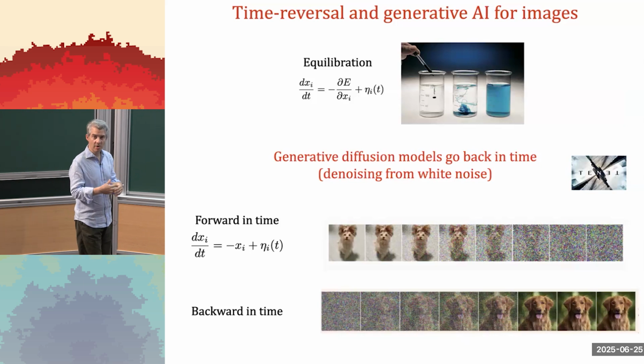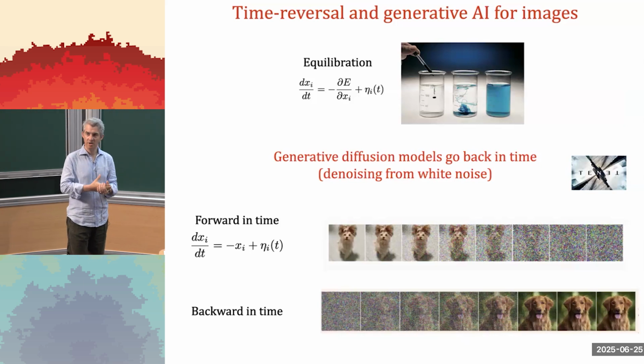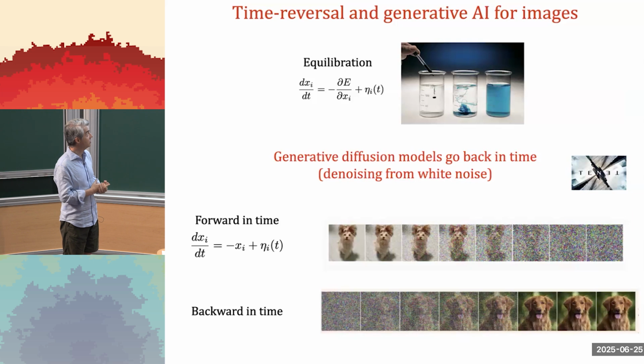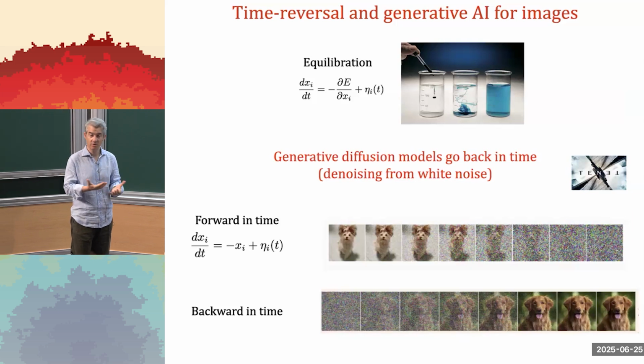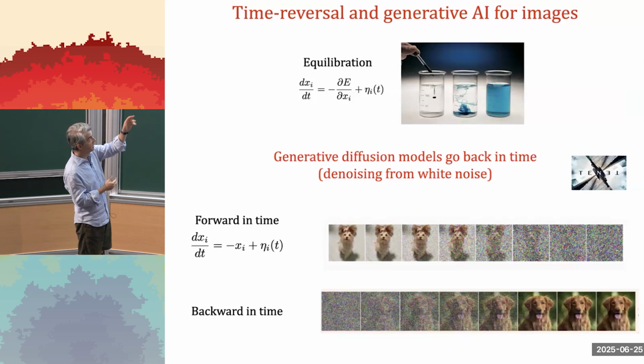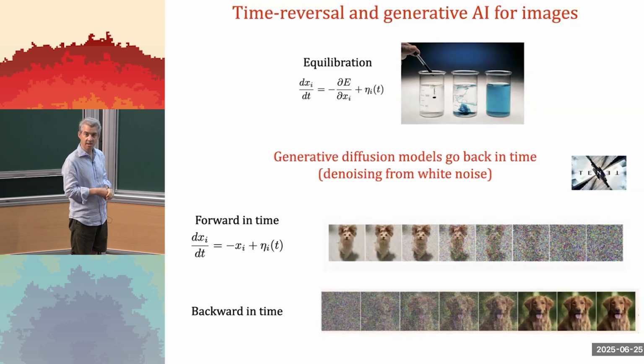What we know is that, if you wait long enough, under very general properties, this equation will bring the system to equilibrium. As we know, a system coupled to a heat bath generally goes to equilibrium. This is an example of a drop of ink in a glass. You wait long enough, and then the ink spreads all over the place, and you are at equilibrium.